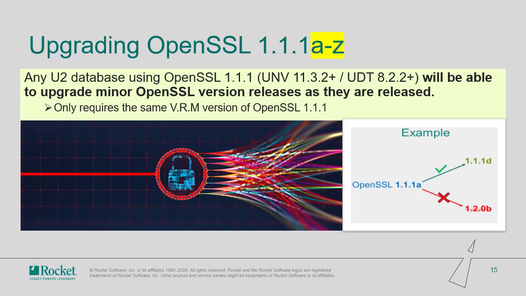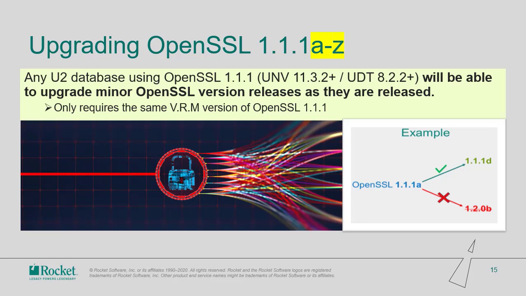And a nice feature with OpenSSL 1.1.1 is that any U2 database using that version will be able to upgrade to a minor OpenSSL version release. For example, you could go from an OpenSSL 1.1.1a release to a 1.1.1b or c or d. Anything in the 1.1.1 family, really just a new minor letter release.